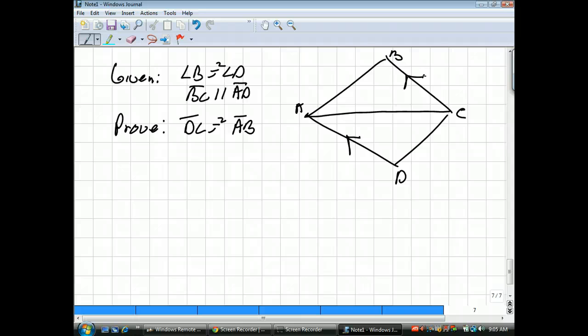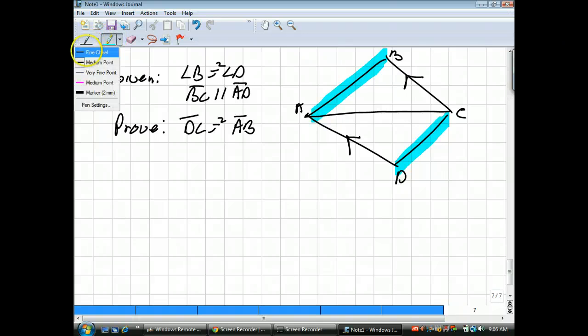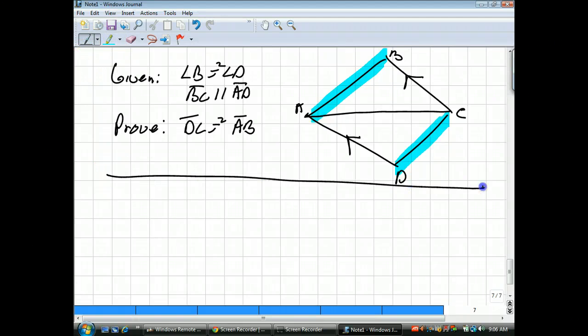So what I want to get is that DC is congruent to AB. So I need to get triangle ABC congruent to triangle ADC. That's my goal.